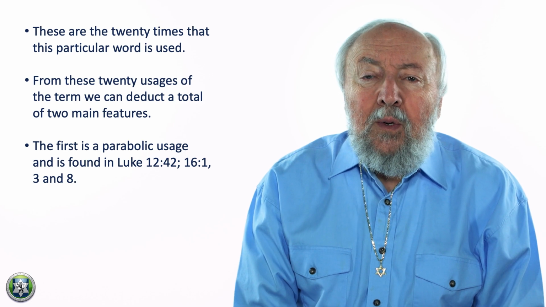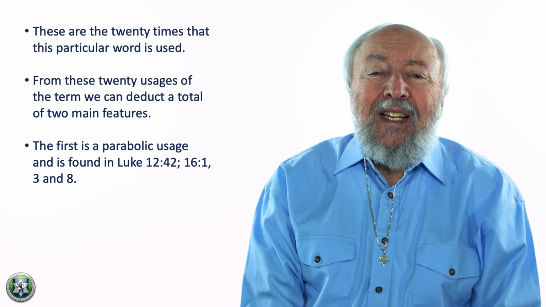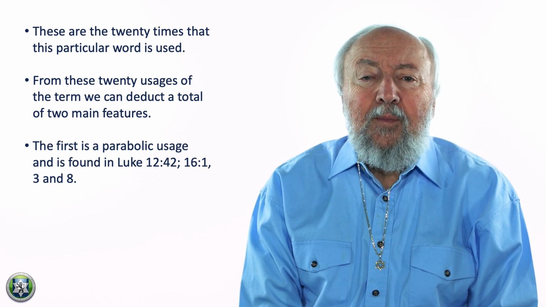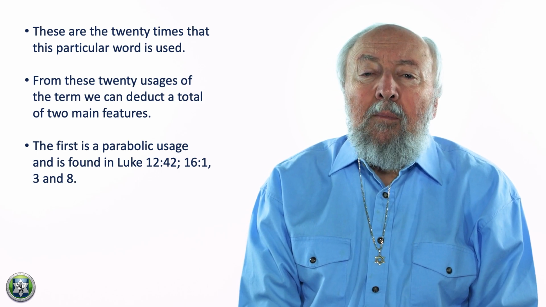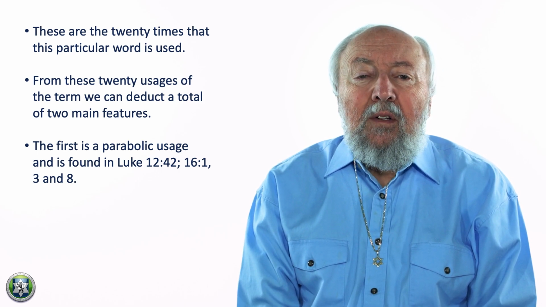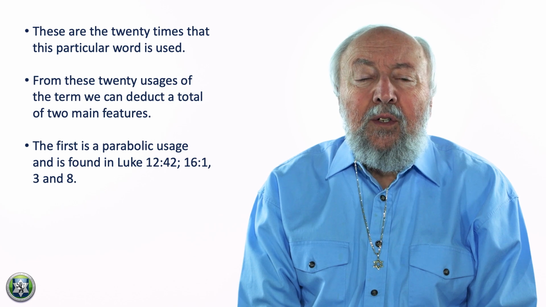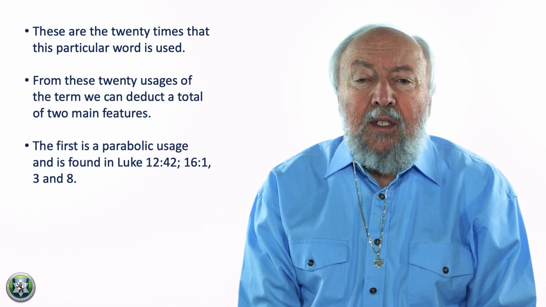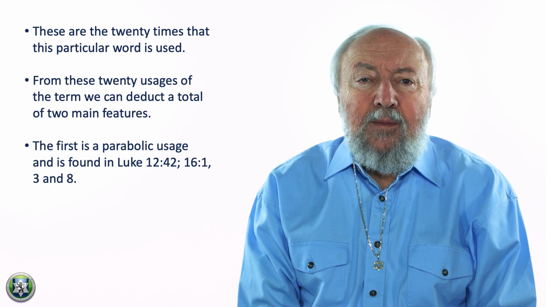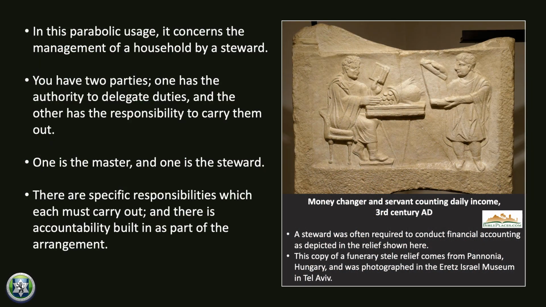From these 20 usages of the term, we can deduce a total of 2 main features. The first is a parabolic usage, which is found in Luke chapter 12, verse 42, and chapter 16, verses 1, 3, and 8. In this parabolic usage, it concerns the management of a household by a steward.